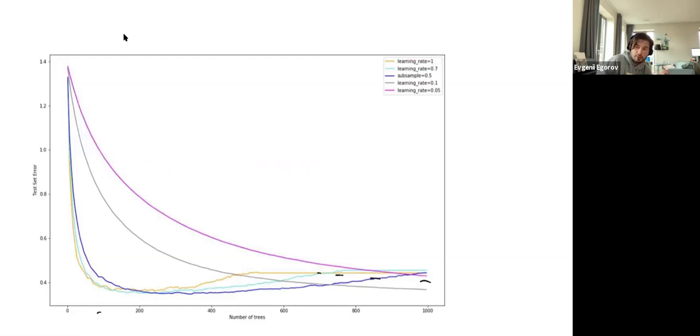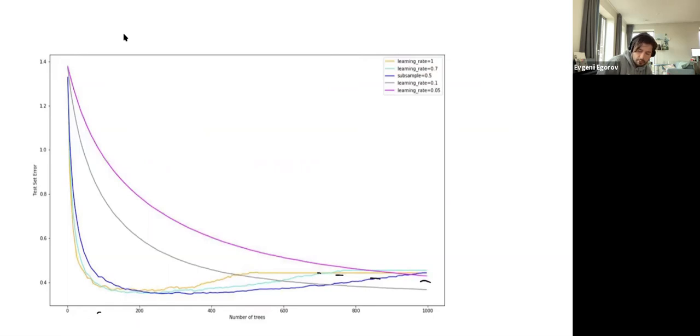You start to correct the errors, but make new errors, and the new model corrects those errors, but makes new errors, and so on. Yeah, and then it's the same for this aquamarine line.